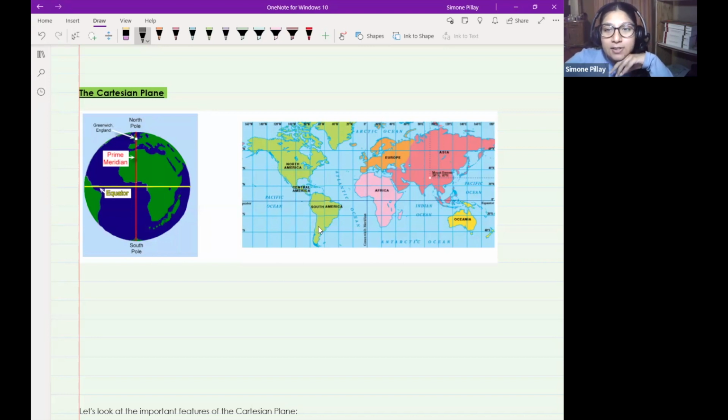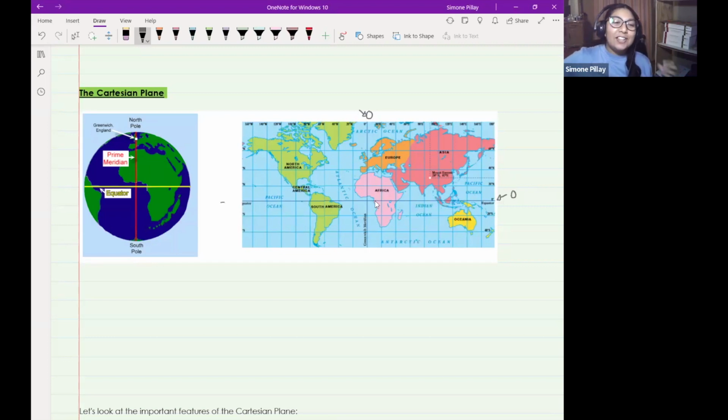My Greenwich meridian here, as you'll see, has the coordinate of 0. And then my equator also has the coordinates of 0. Yes. As you'll see here, my equator also has the coordinates of 0. And as we go to the right, why is this in maths?